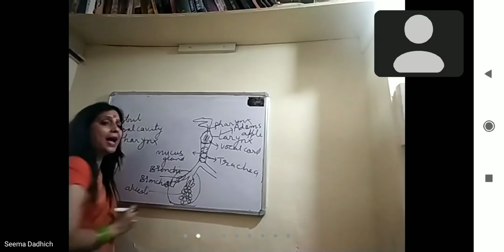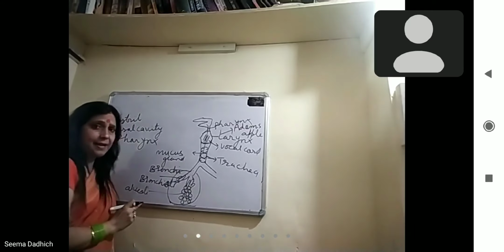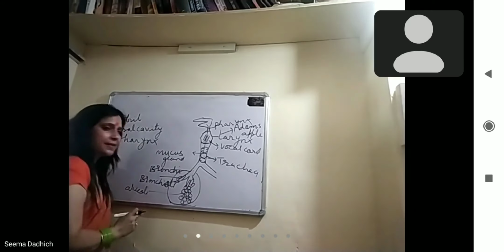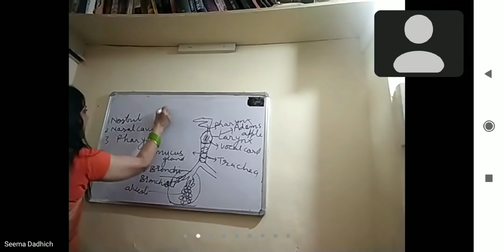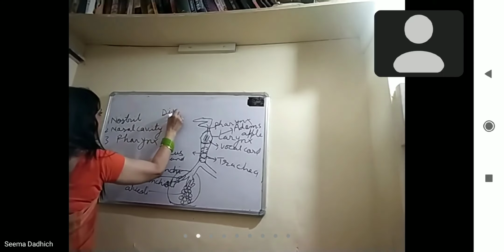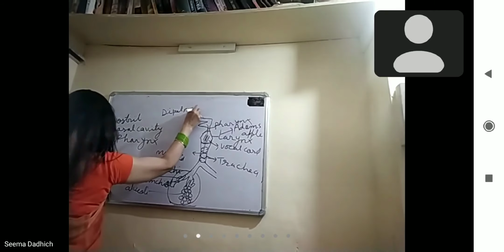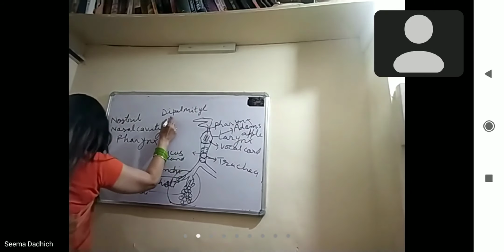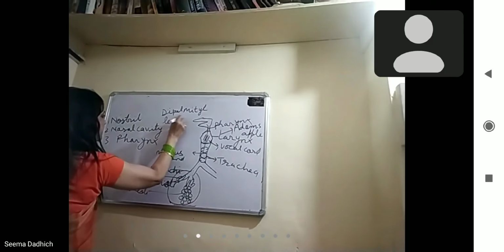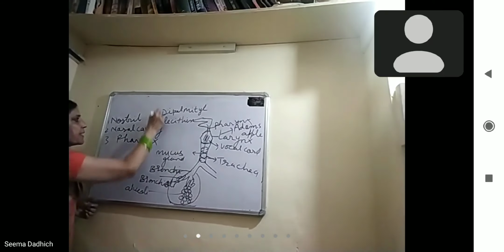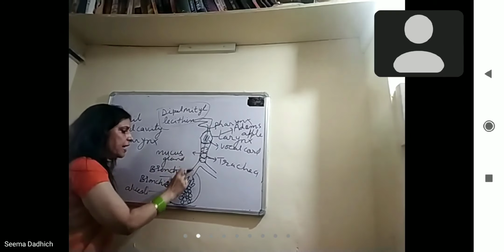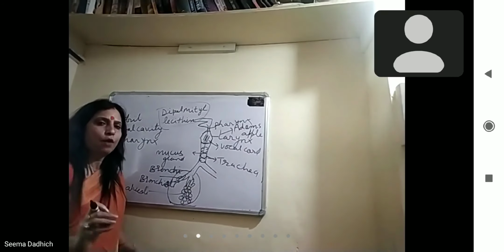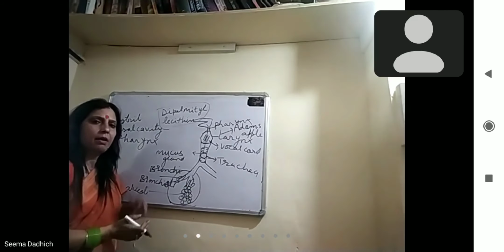In the bronchi, cilia and mucus glands are present. But in the bronchioles and alveoli, a special protein, dipalmitoyl lecithin, is present. In the trachea and bronchi, cilia and mucus glands push germs and dust particles to the anterior side.